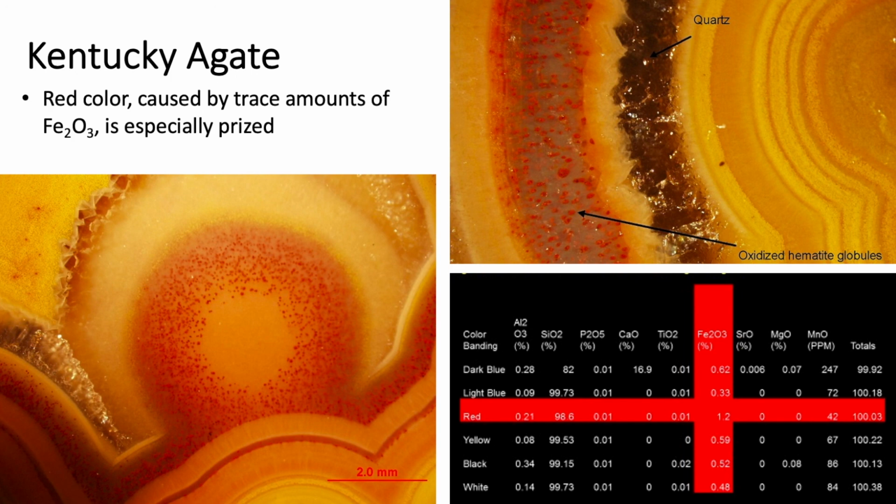So this would be another really cool thing to put on the benchtop SEM and see whether we could see the difference in the banding based on the chemical elements present, and whether we could zoom in far enough that we would start to see the tiny, tiny crystals that are making up these bands.